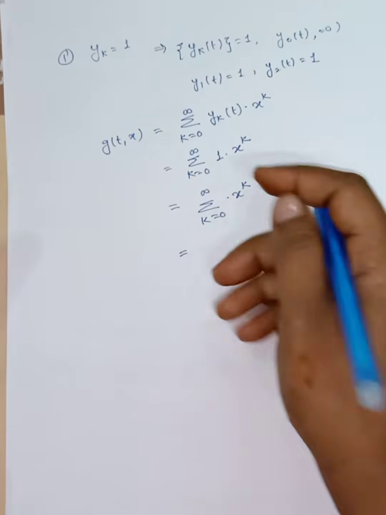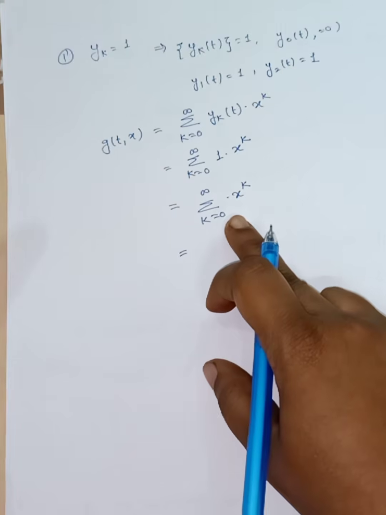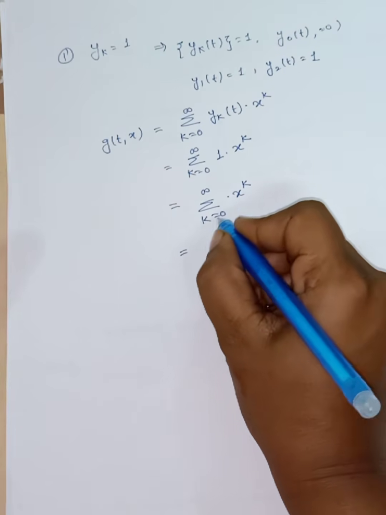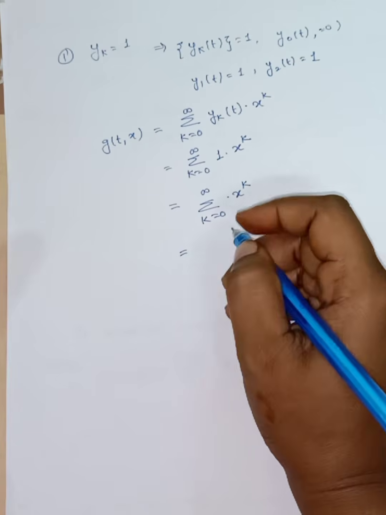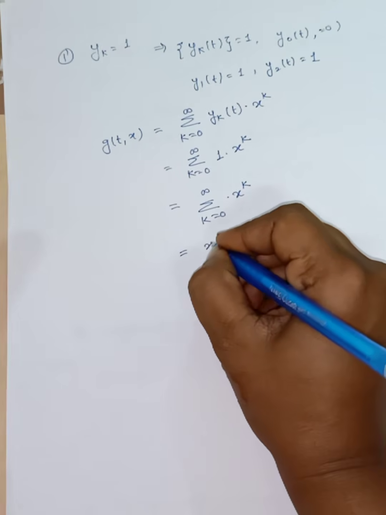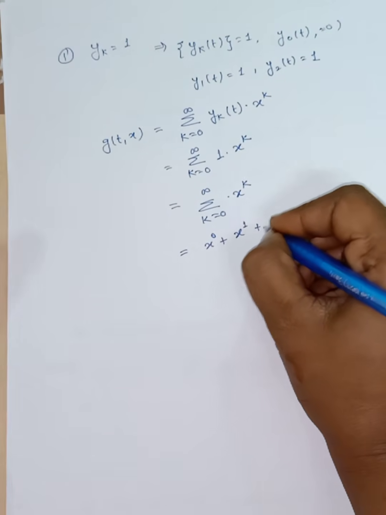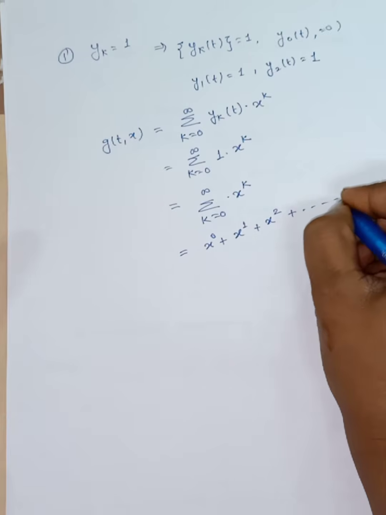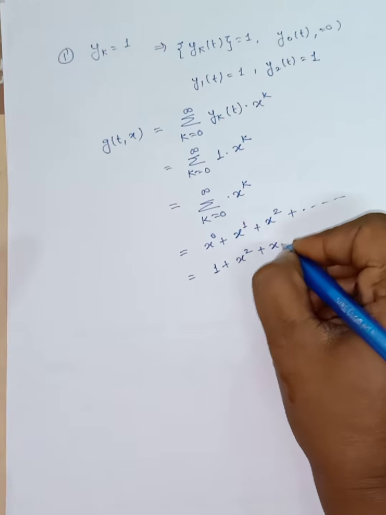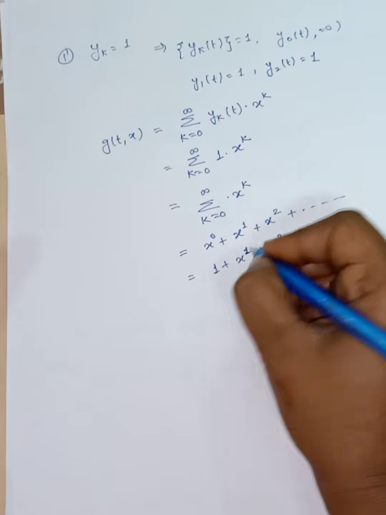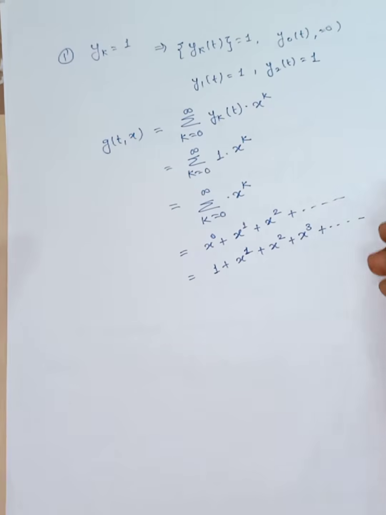And how we will solve this? We are putting k equals to 0, 1, 2, 3 and so on. So if we are putting k equals to 0, what we get? X to the power 0, correct? X to the power 0 plus x to the power 1 plus x to the power 2 plus so on. So that is 1 plus x plus x square plus x cube plus so on.